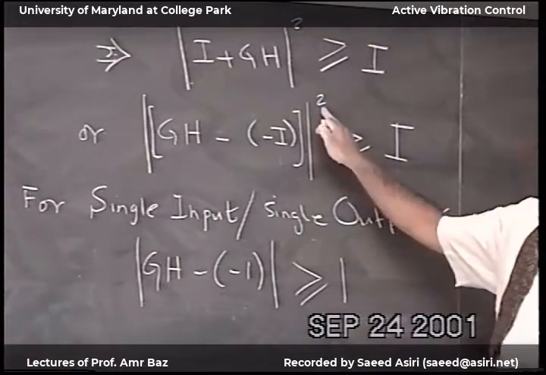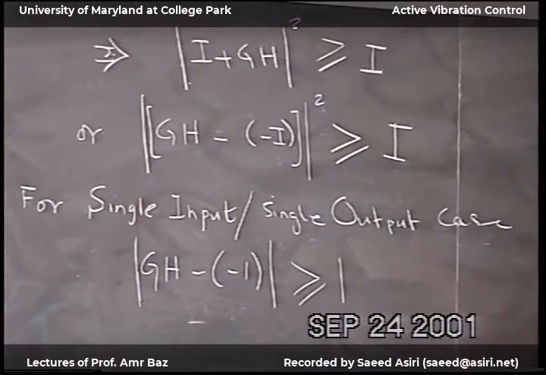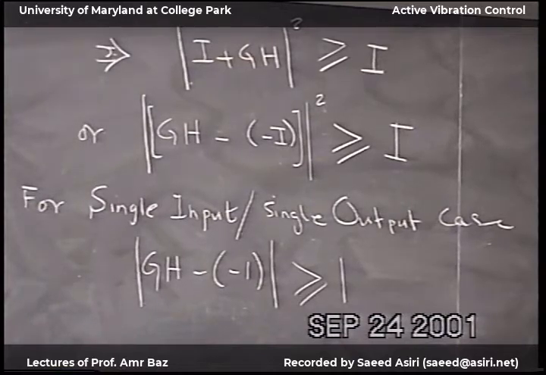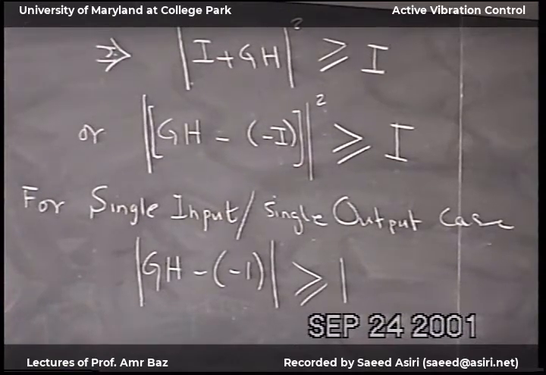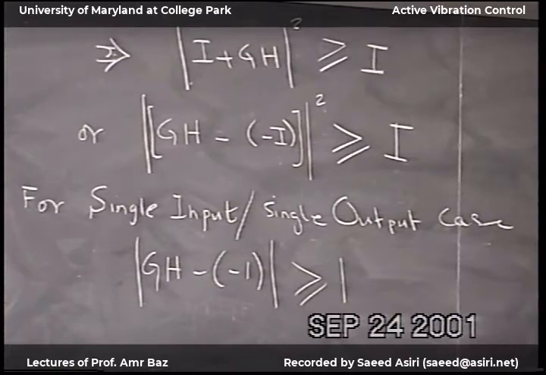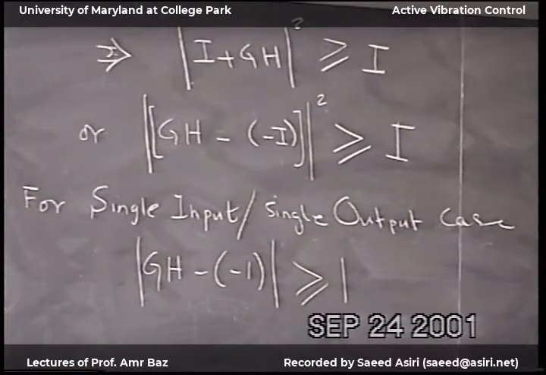And the square will cancel out. So now what this is saying is the following. This is minus 1.